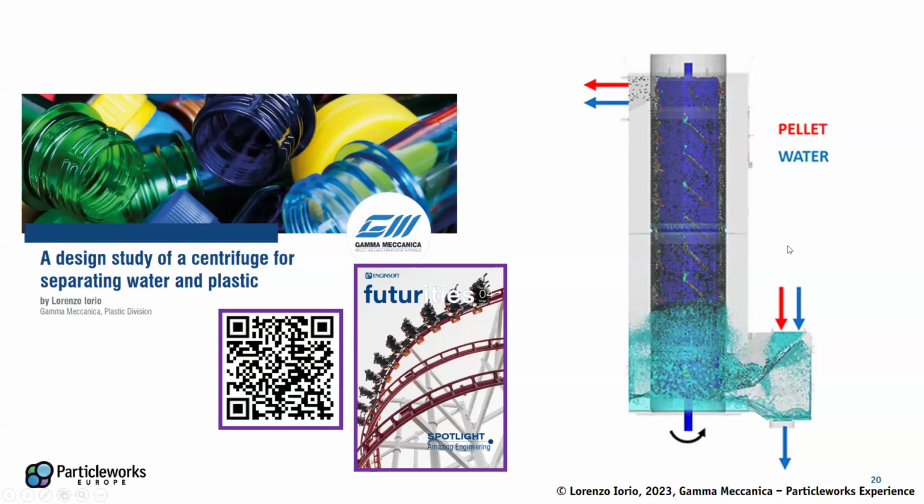The idea is that you have a mixed inflow of plastic pellet, granular material, and water on the right. The objective is to have the two phases separated, with the plastic separated on top while the water discharges at the bottom.